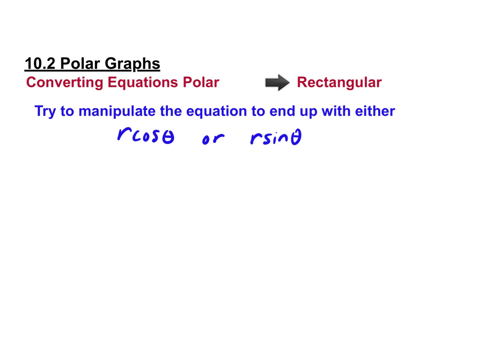Because then you can substitute an x in place of it, or a y in place of it, right? That's what you're trying to accomplish. Get it to a place where there's just an r cosine theta or just an r sine theta, so you can replace those with x and y. That's sort of the strategy.